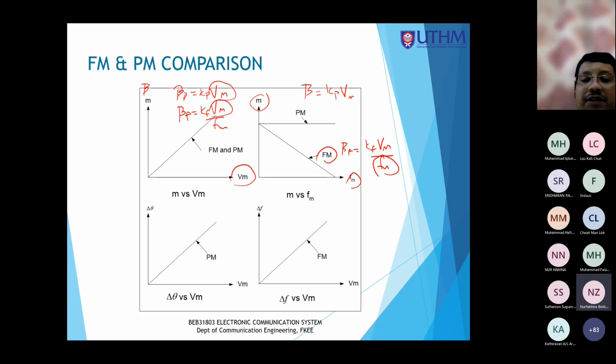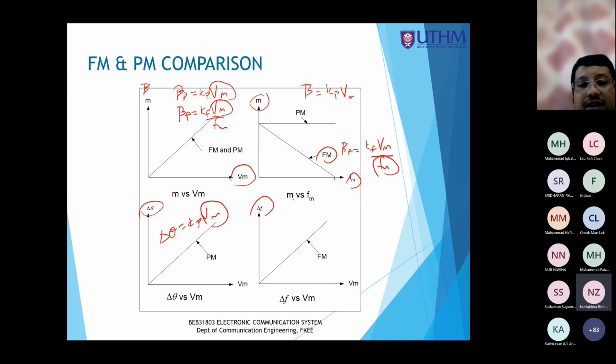The higher the modulating signal frequency, the lower the modulation index. And again, delta theta is equal to Kp VM, so it is directly proportional to the peak amplitude of the modulating signal.